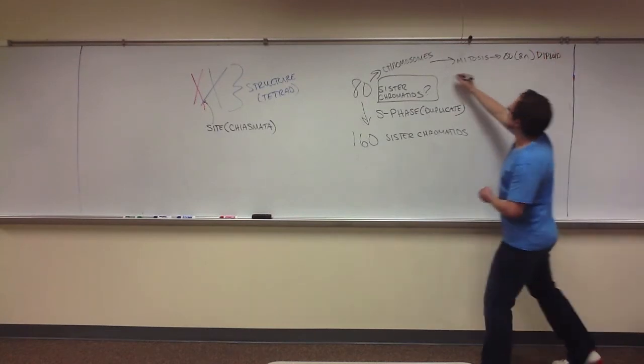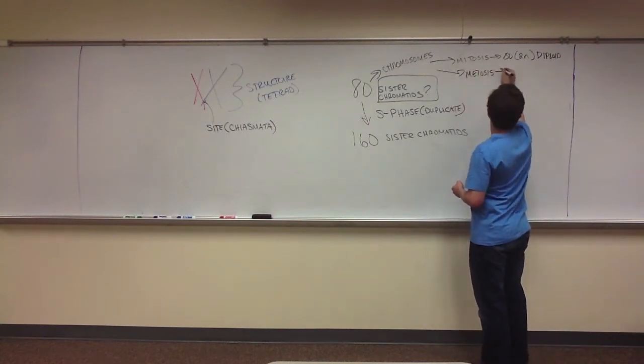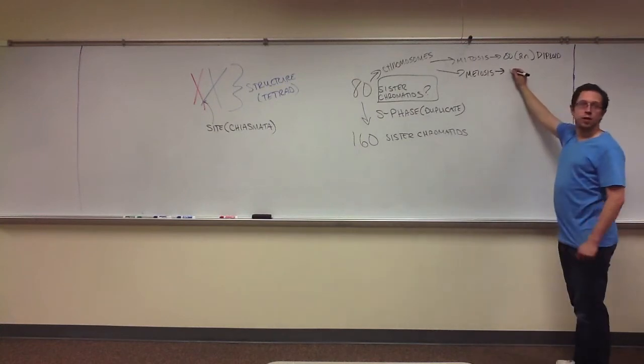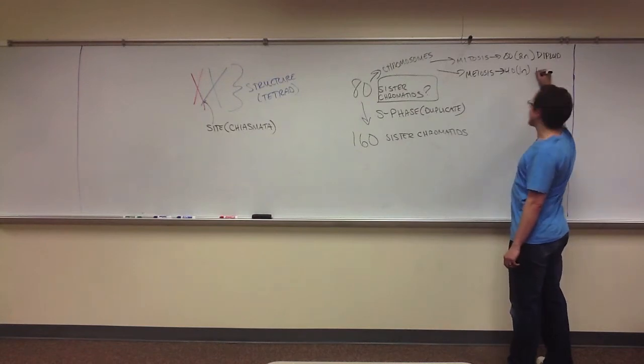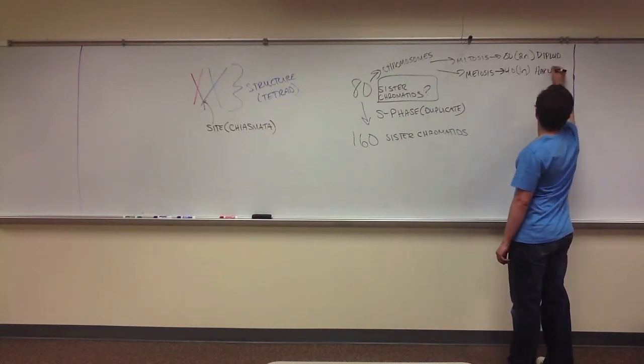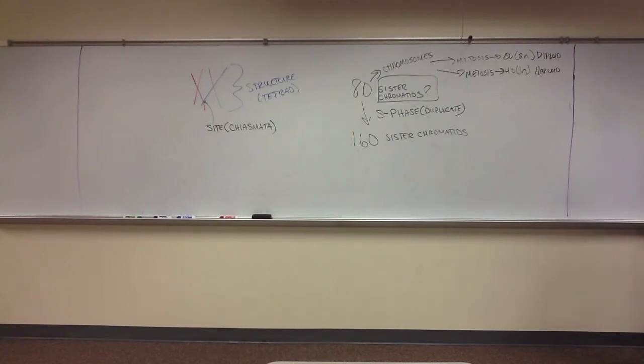Now if these cells performed meiosis, how many? 1N, and it'll be 40. And they would be classified as haploid. Close, I was close. So it would be D. So what's the question again?